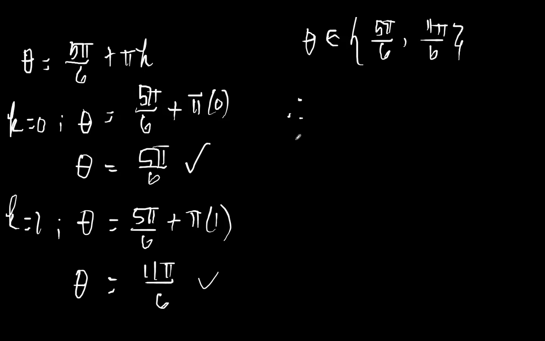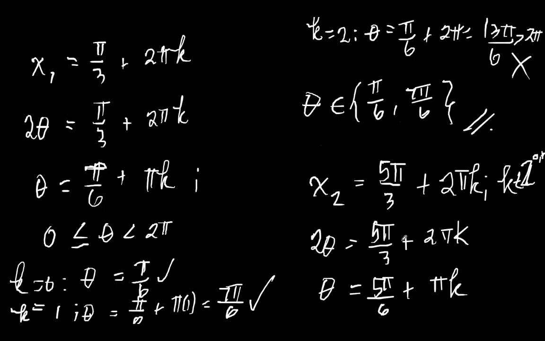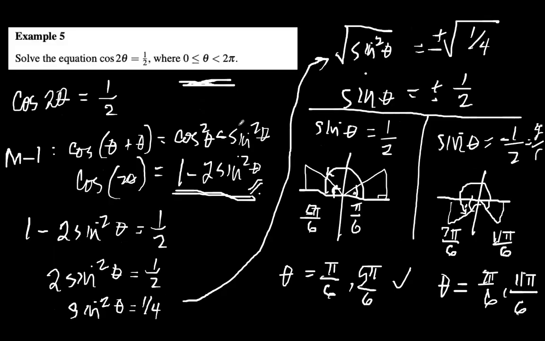Therefore, our values of theta are in the set pi over 6, 7 pi over 6, 5 pi over 6, and 11 pi over 6. So these are the values of theta that satisfy the given condition in example number 5.